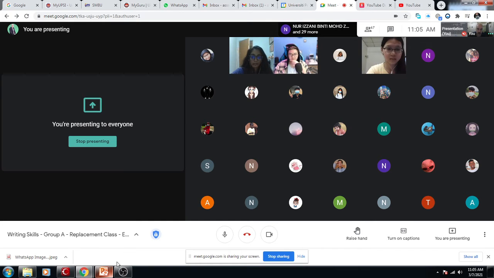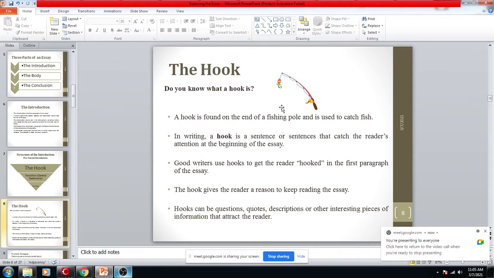It is meant to catch fish. So a hook is found on the end of a fishing pole or rod and is used to catch fish.